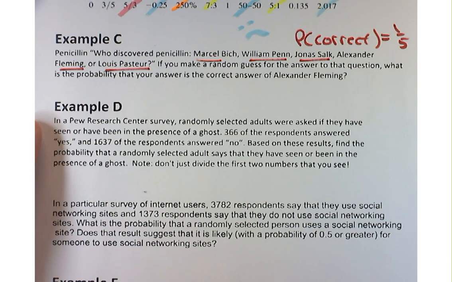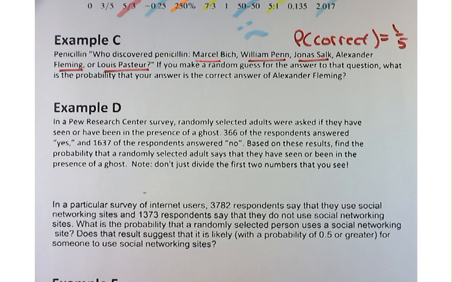Let's take a look at example D. In a Pew Research Center survey, randomly selected adults were asked if they have seen or have been in the presence of a ghost. 366 of the respondents answered yes. 1,637 of the respondents answered no. Based on these results, find the probability that a randomly selected adult says that they have seen or been in the presence of a ghost.